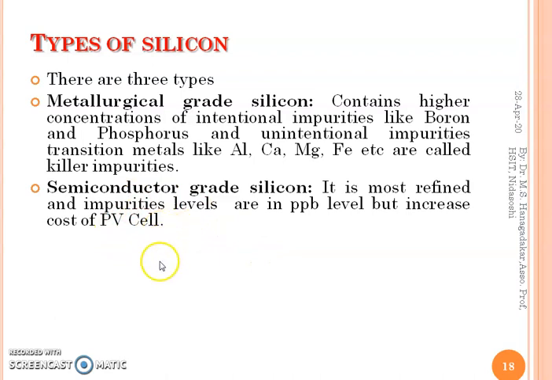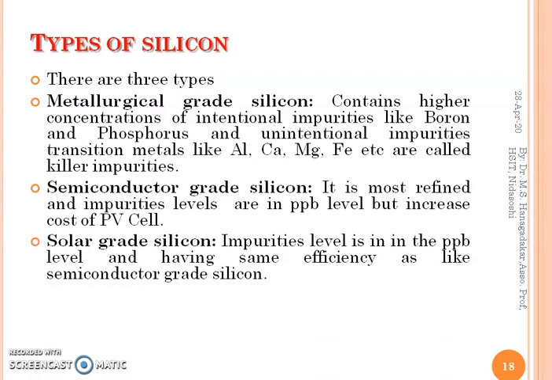So PV cells made using semiconductor grade silicon become very costly. Therefore, semiconductor grade silicon is not feasible for making photovoltaic cells, because the cell becomes costlier and a common person is not able to purchase it.